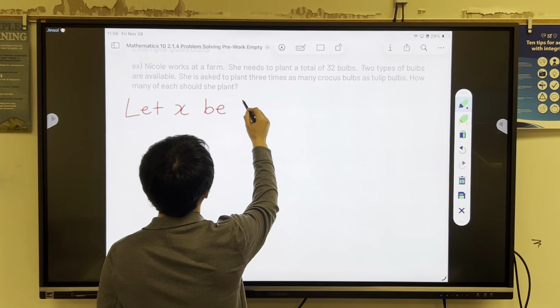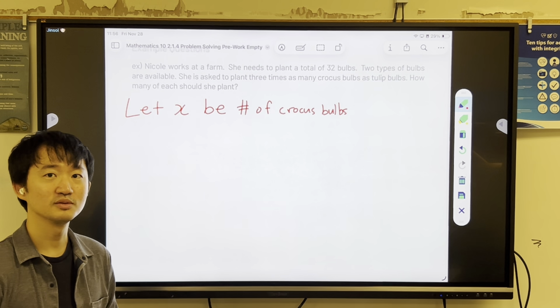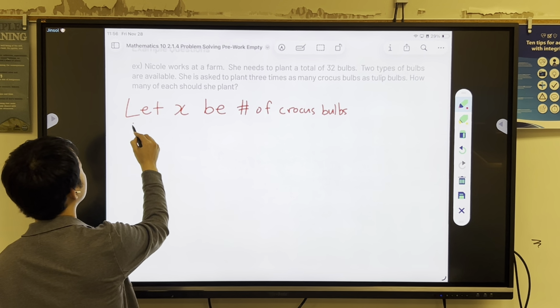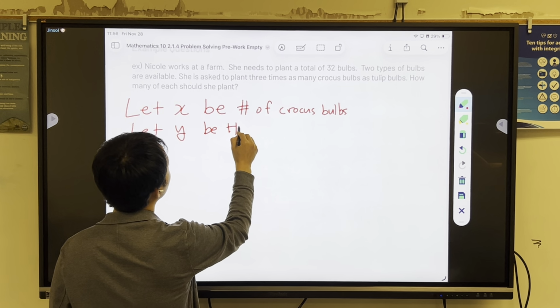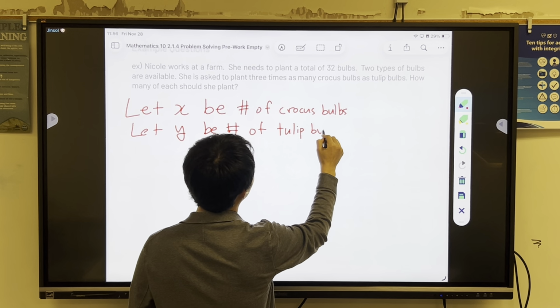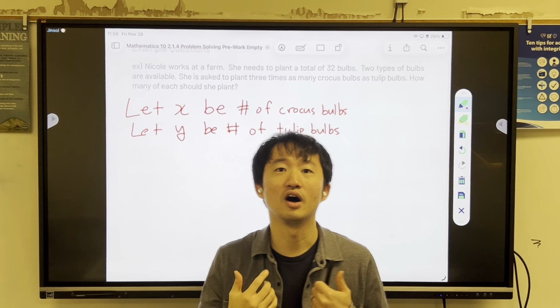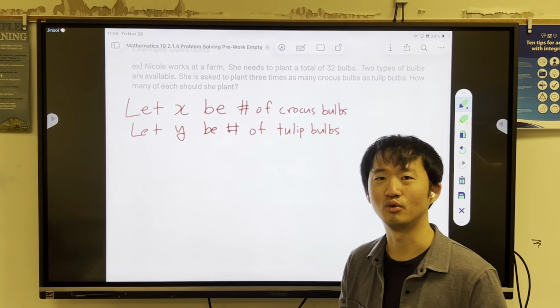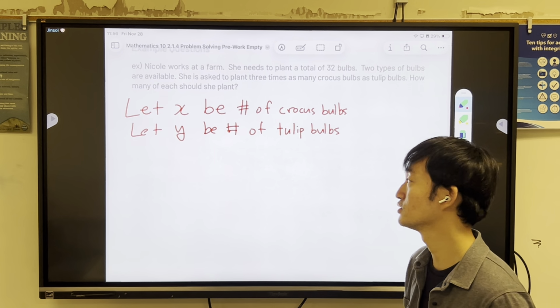So let x be the number of crocus bulbs, and let y be the number of tulip bulbs. It's very important that I declare them explicitly so I can remind myself of what I'm looking for, and I can communicate with the reader of my solution.